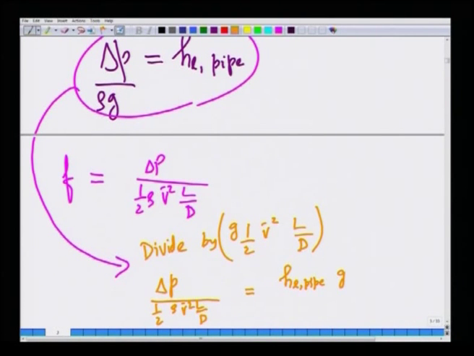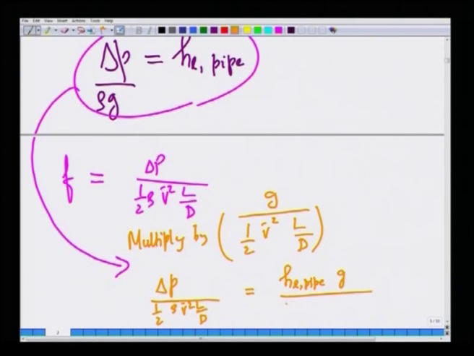I am sorry. So, I have to multiply this entire equation by g divided by half V squared L by D, so that I get friction factor on the left side of this equation.